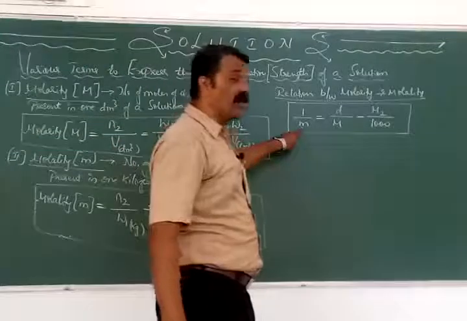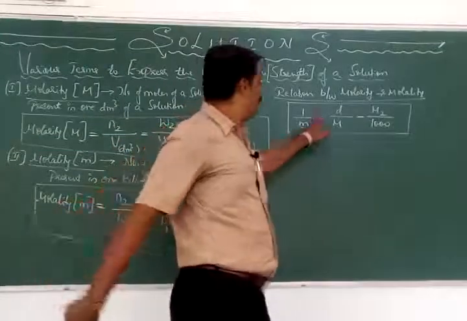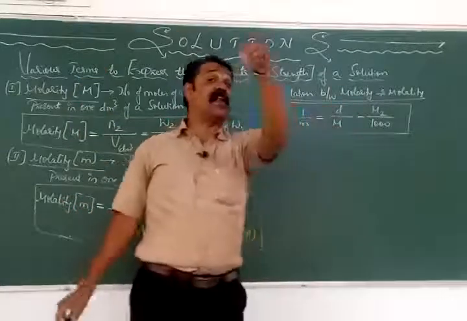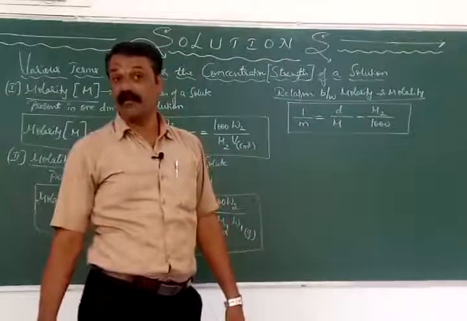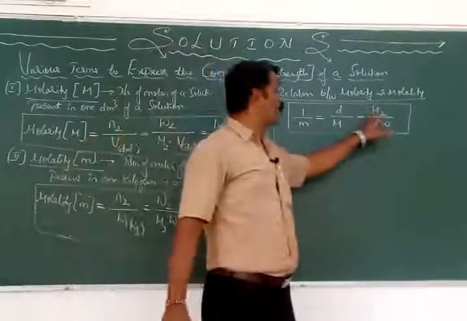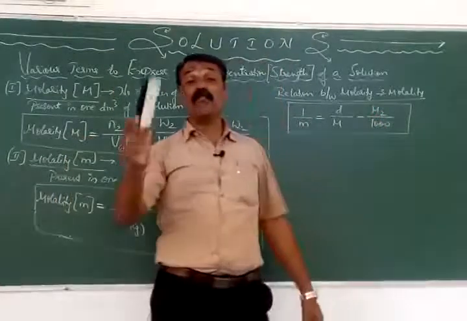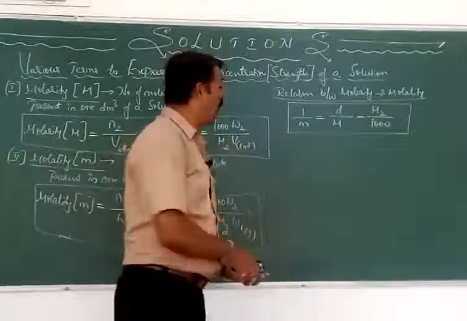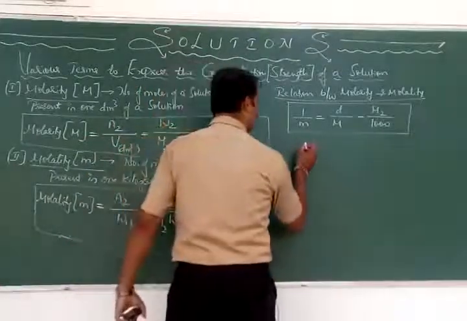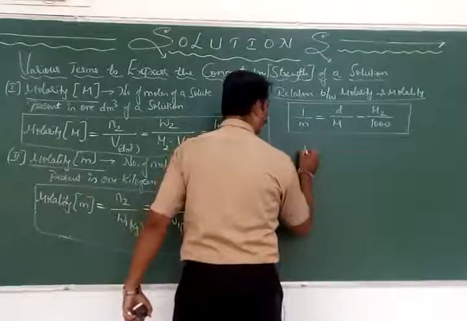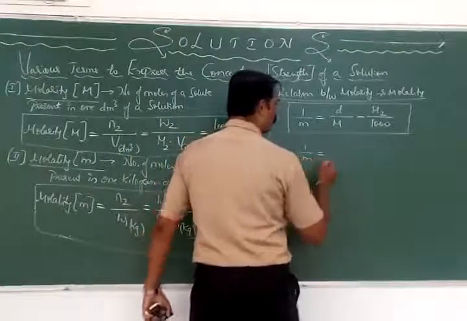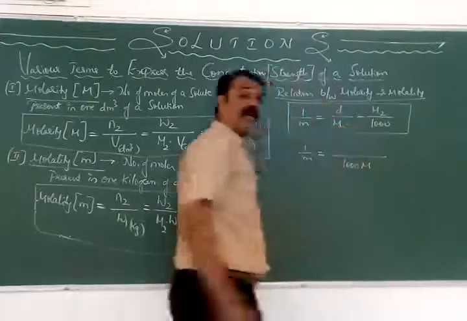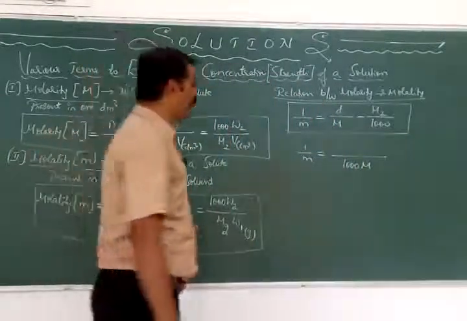What is small m here? Molality. What is capital M here? Molarity. What is d? Density of the solution. Then what is M2 here? It is the molecular mass or molar mass of the solute. If I simplify, 1 by m is equal to, I can take the LCM as 1000 m.